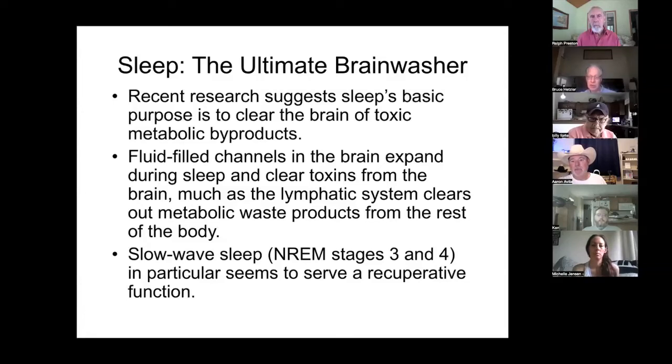And so cerebrospinal fluid, in effect, washes the neurons and supporting cells, astrocytes and oligodendrocytes that are in your brain. And this is especially true during non-REM stages 3 and 4. That's when your brain gets a good washing.